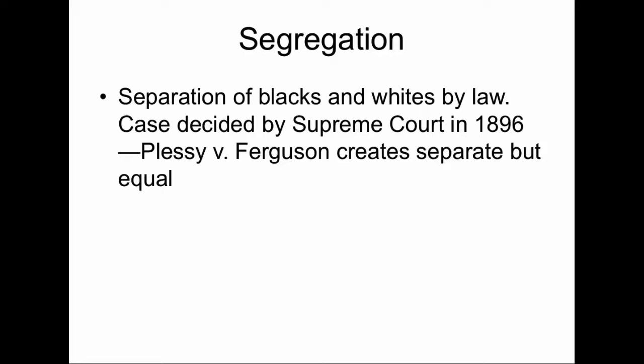Northern states segregated just like southern states did. Even in Illinois, into the 1950s, we had segregated facilities. We had separate places to sit on a bus and other things like that. So segregation was a common part of the American experience into the 1950s and 60s before we really got change.